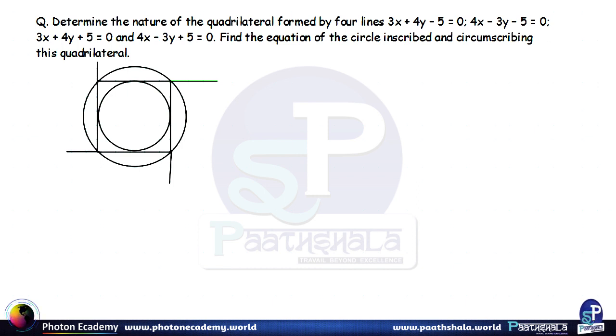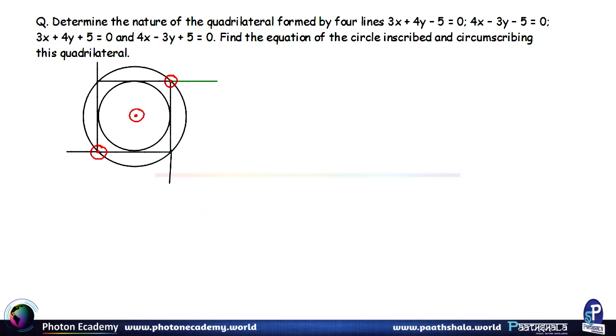So if we find out the points of intersection of 2 of these lines, then the center of the circle will be the midpoint of this line. So we have to find out the points of intersection of 2 opposite lines, like 2 lines which are perpendicular to each other and opposite sets of such lines.